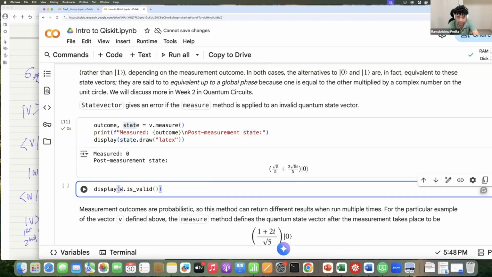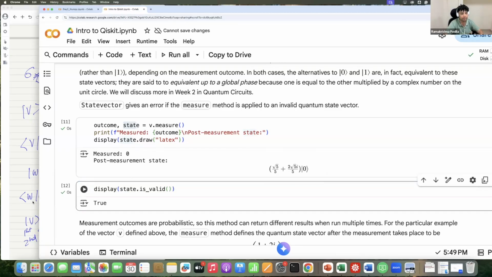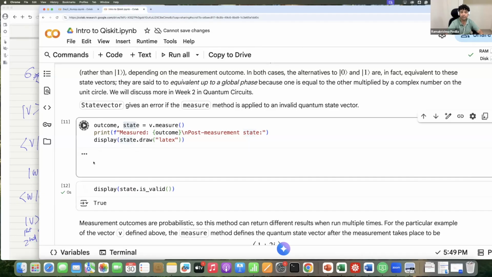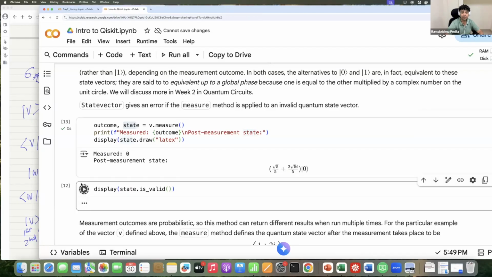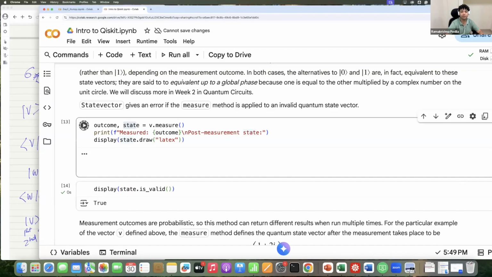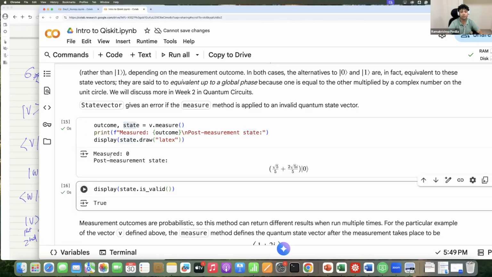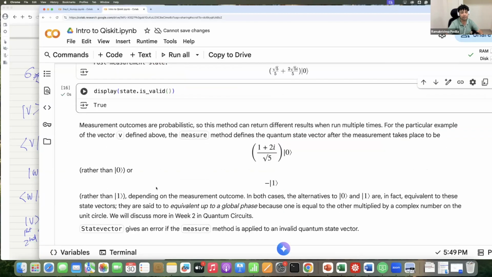So display, I hope this works, state is valid. True, it is valid, right? So let's run this again. It should always be valid. So if you begin with a normalized state, it should continue to be valid, right?